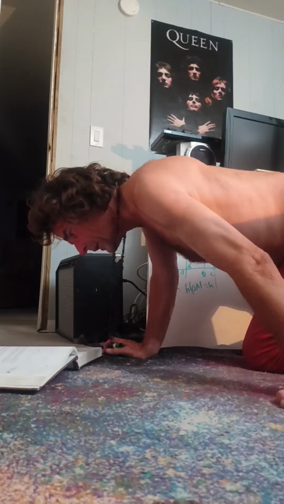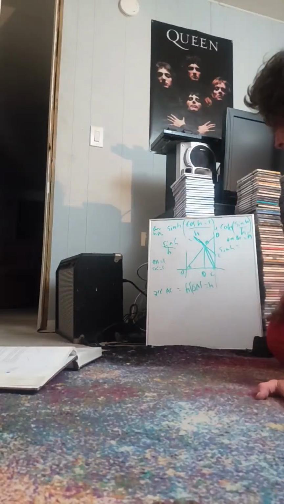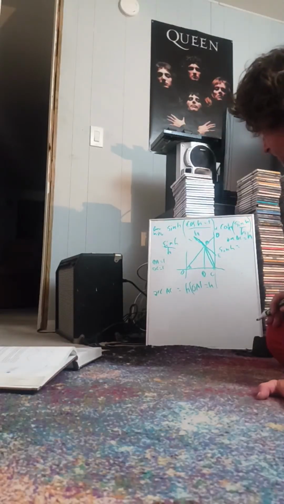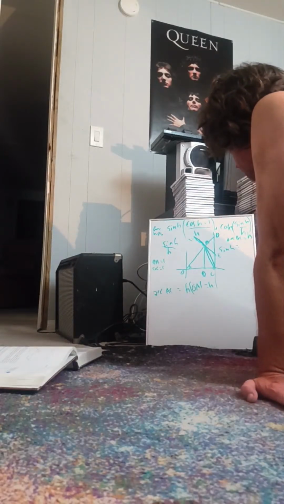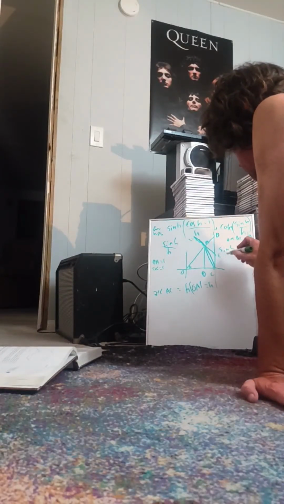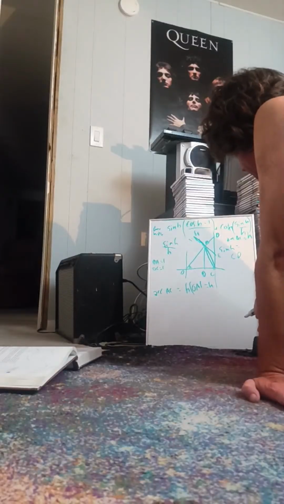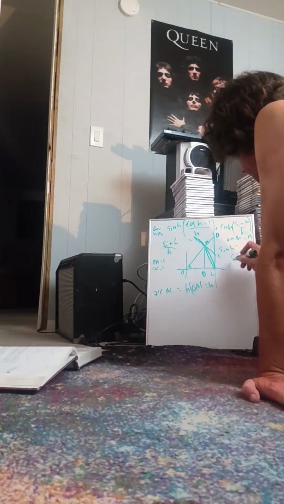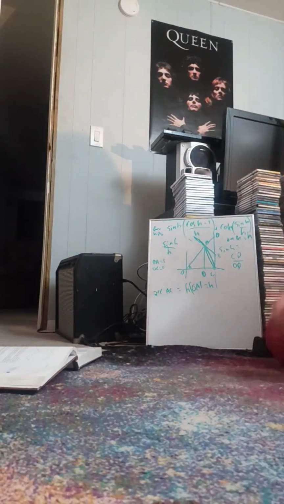The arc and the angle h is, and the sine h is interesting because it is CD over OD. Sine h is CD over OD.